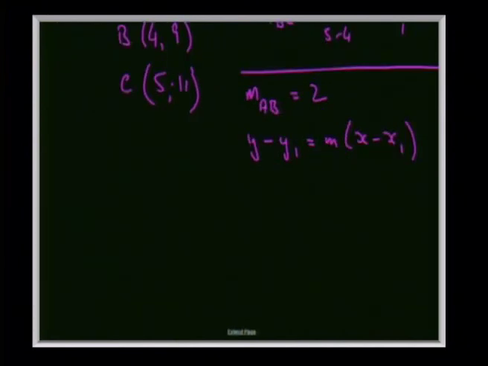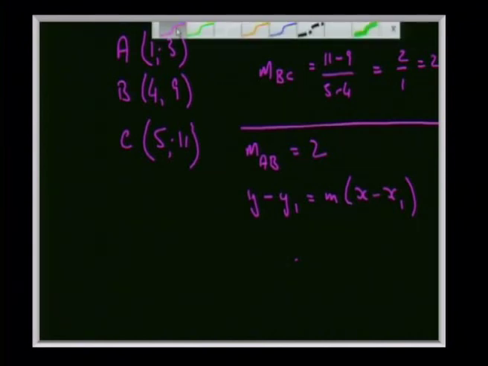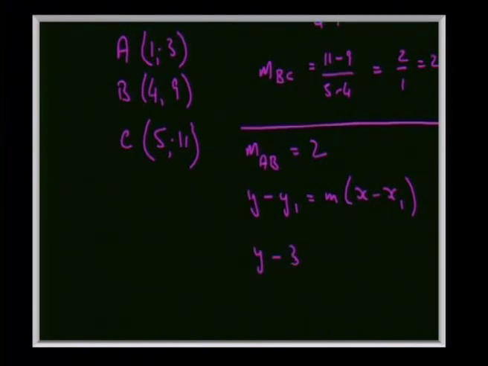All right, let's work it out. And I'm going to put in the point A because it has the smaller numbers. So it's y minus 3 is equal to 2 into x minus 1. There I've got it, the equation of the line AB.